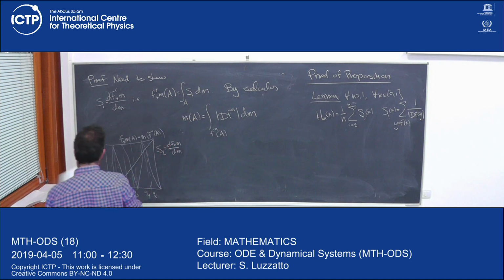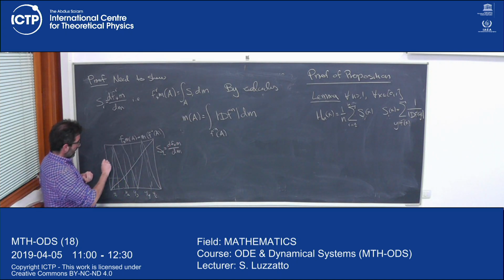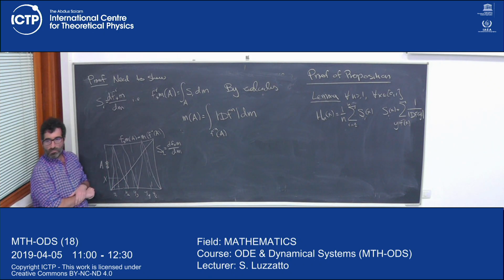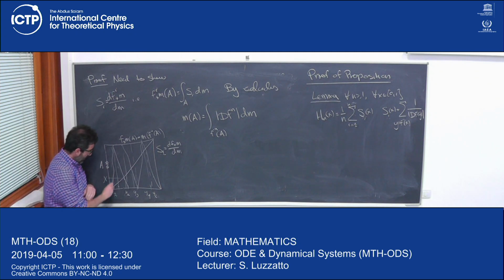Right? So it's simply, I take a set A, and the Lebesgue measure of A, I can look at all the pre-images. Here we'll get a component for the pre-image, here we'll get another component for the pre-image.